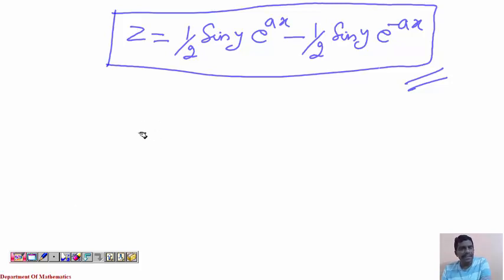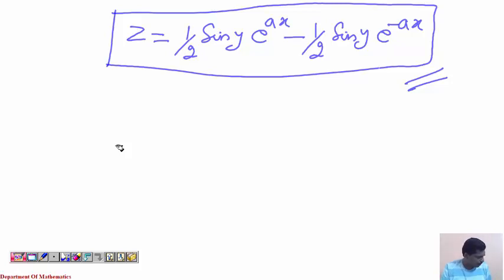In this method, we write the partial differential equation in terms of an ordinary differential equation, and then we use the complementary function and a particular integral to solve it. Now let us take one more problem of this particular kind.